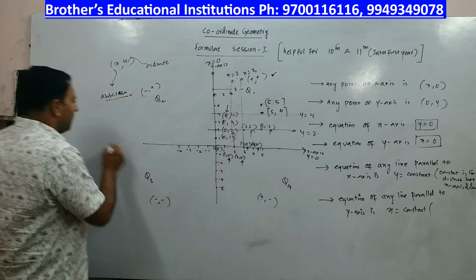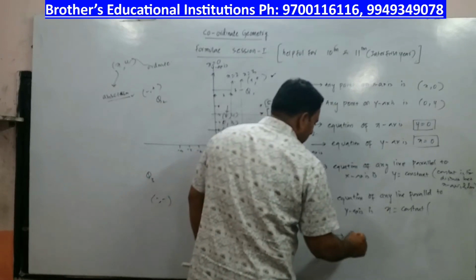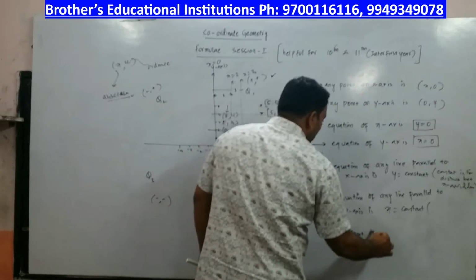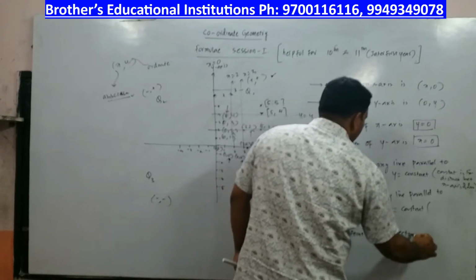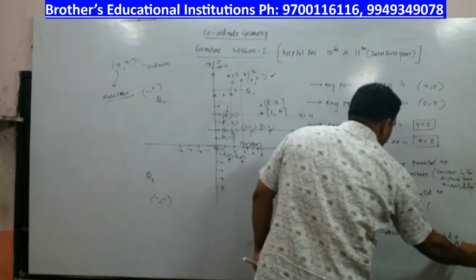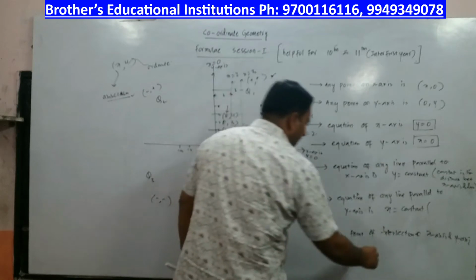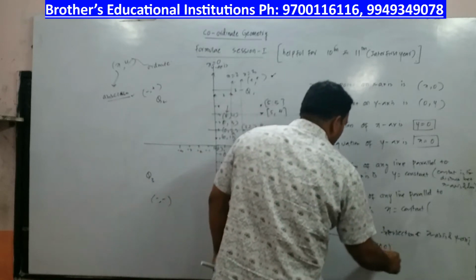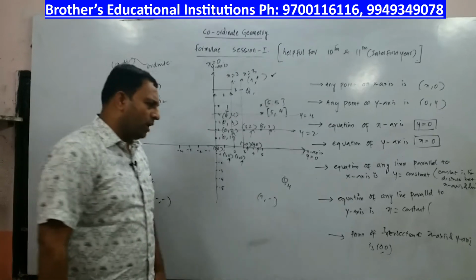Apart from that, if I say what is the point of intersection of x-axis and y-axis? Point of intersection of x-axis and y-axis is 0, 0.